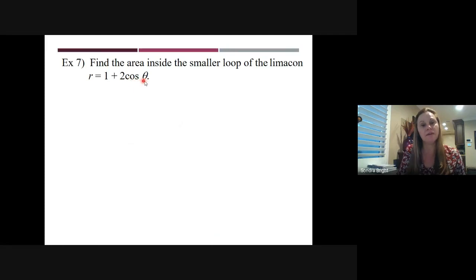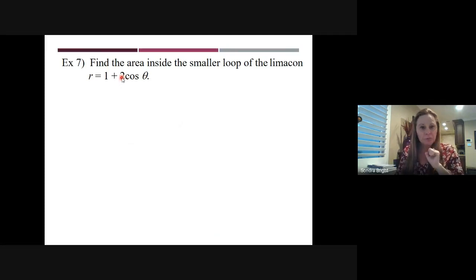Cosine, it's oriented on the x-axis, or the polar axis, oriented to the right. And your larger diameter would be 1 plus 2, which is 3. You'd go out 3 units, put a dot on the positive x-axis, 3 r's out, right?